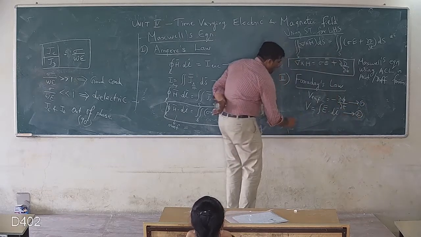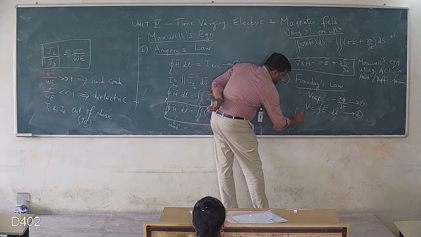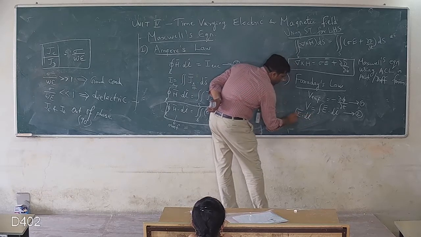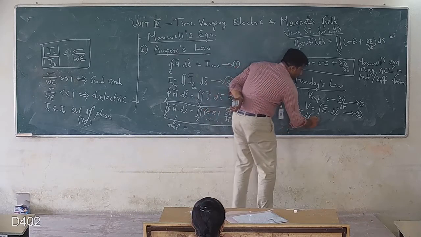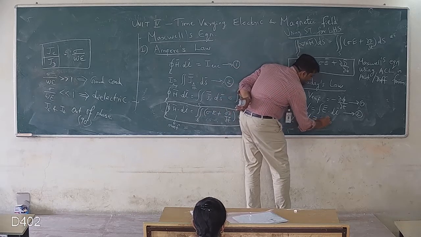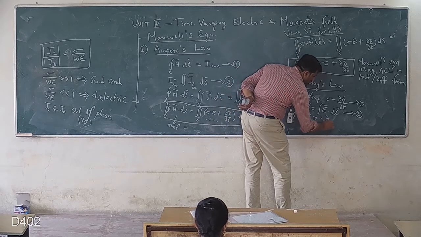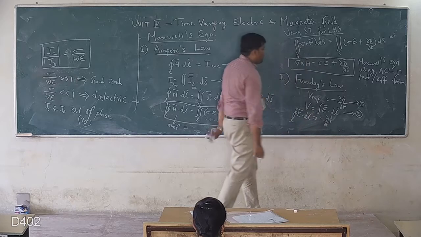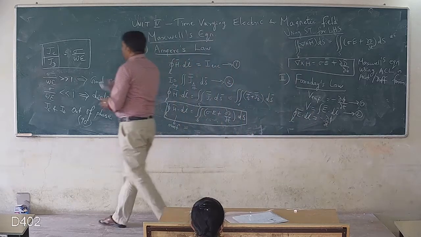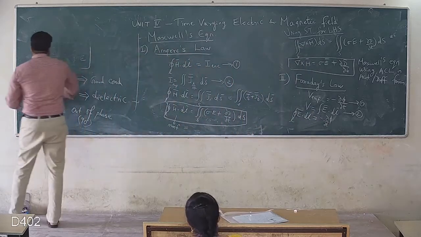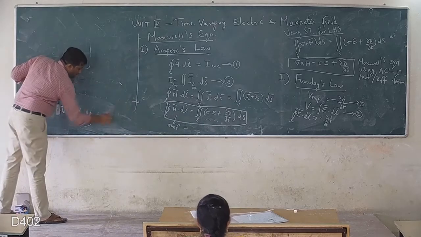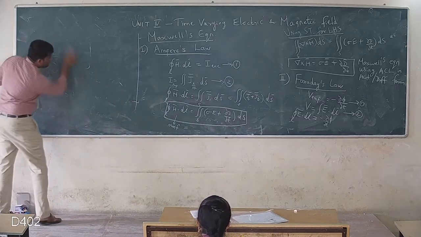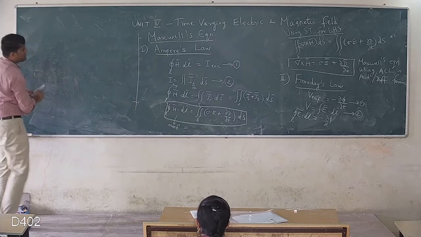From 1 and 2, I can write the integral of E dot dl, which is a closed line integral, is equal to minus dou by dou t of phi. So this is one more equation. With this equation, I can replace phi. What is phi? It is the magnetic flux.